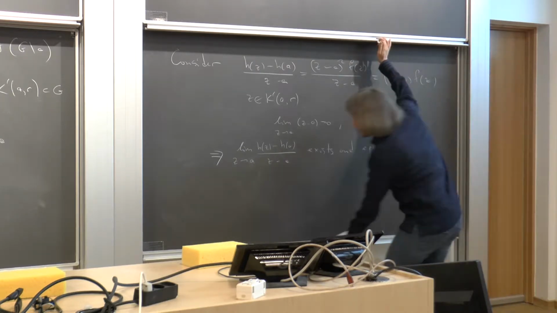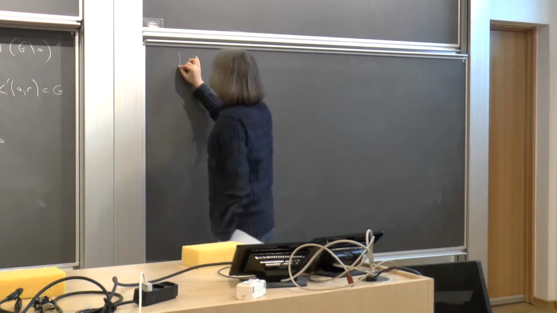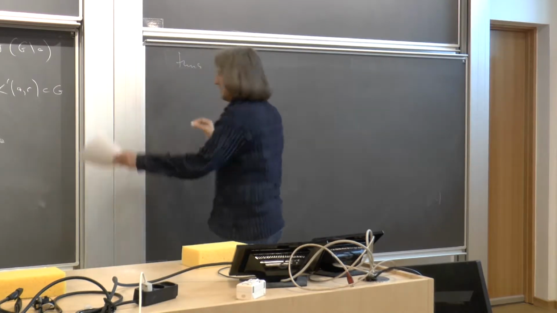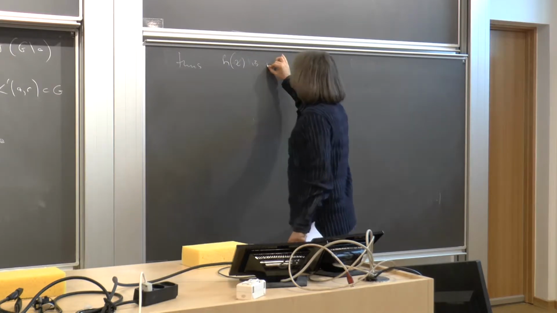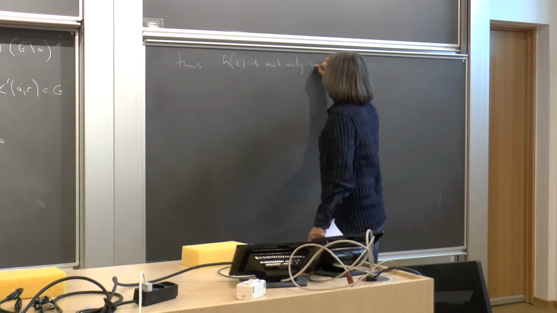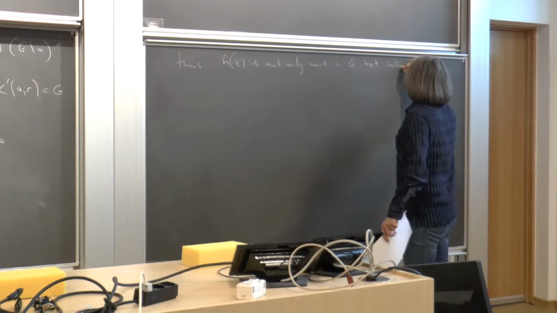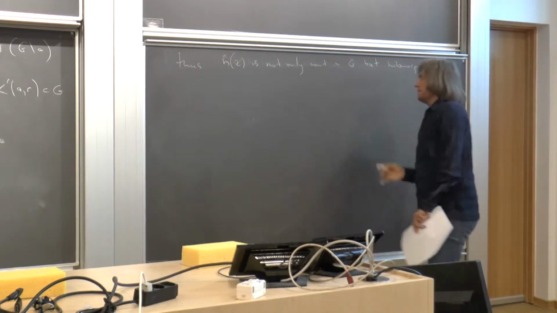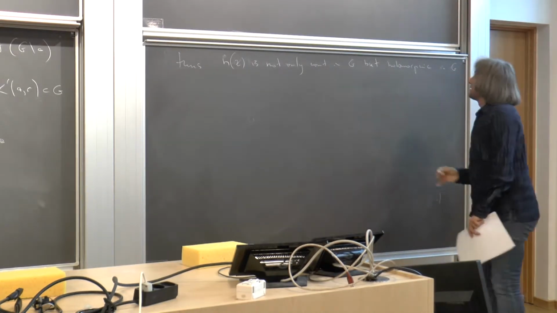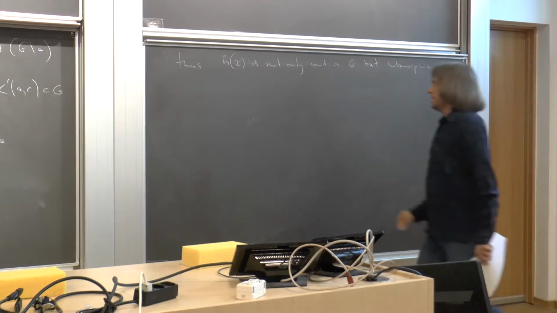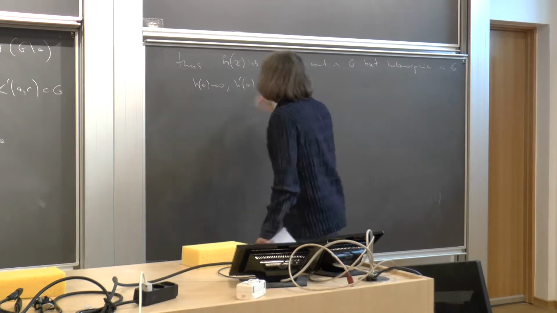So we get that h, defined as we did, is not only continuous in G but holomorphic everywhere, including a. And also h of a is 0 and h prime of a is also 0.